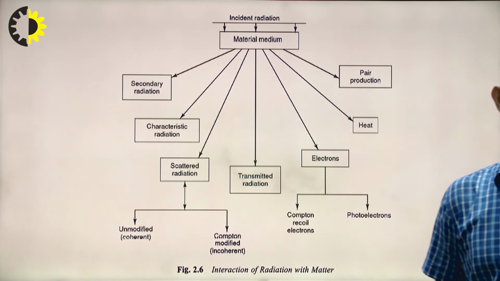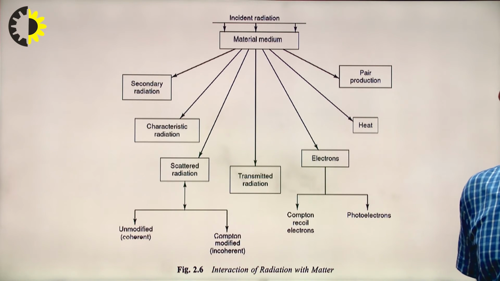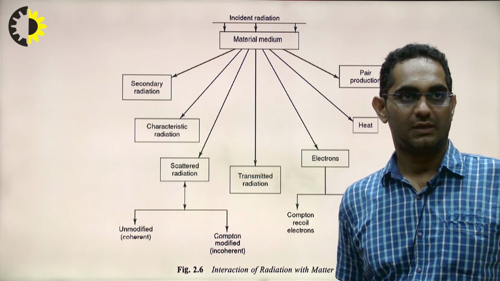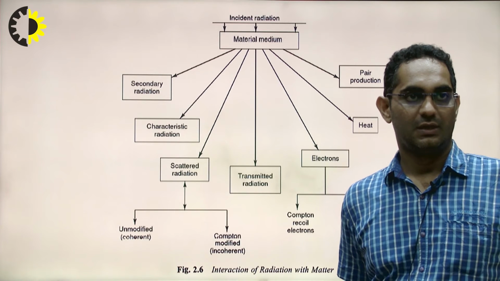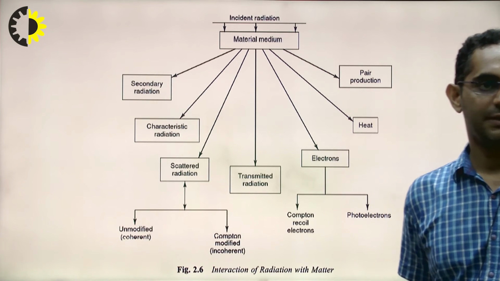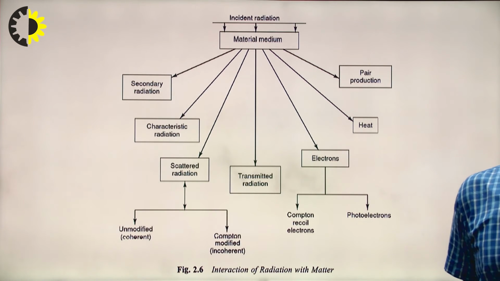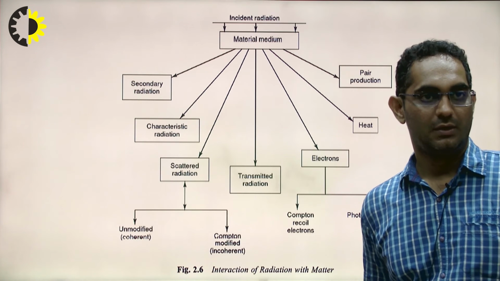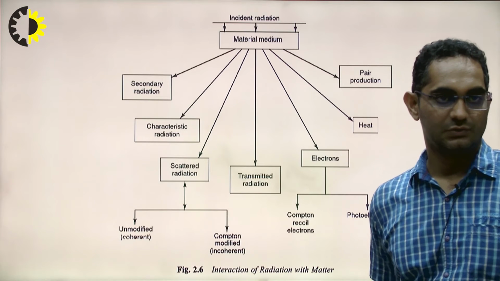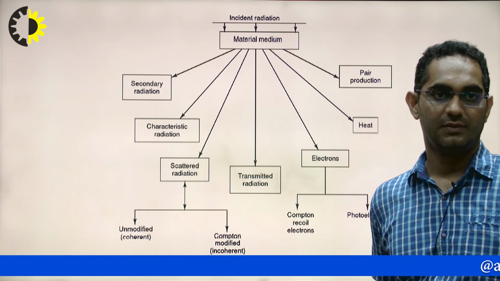The material medium also gives transmitted radiation, and secondary radiation, characteristic radiation, and scattered radiation, with scattered radiation being unmodified coherent and Compton modified incoherent. So, these are the interactions of radiation with matter.